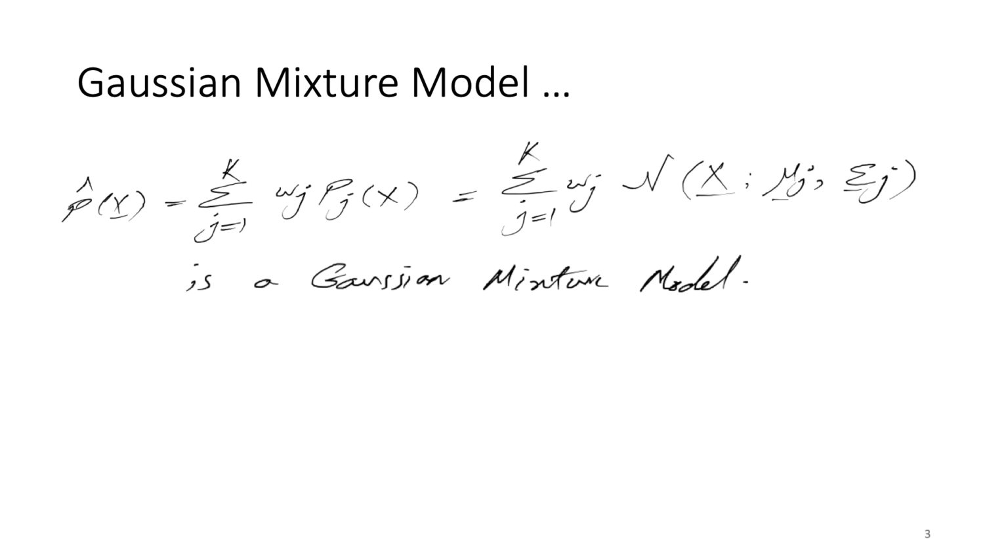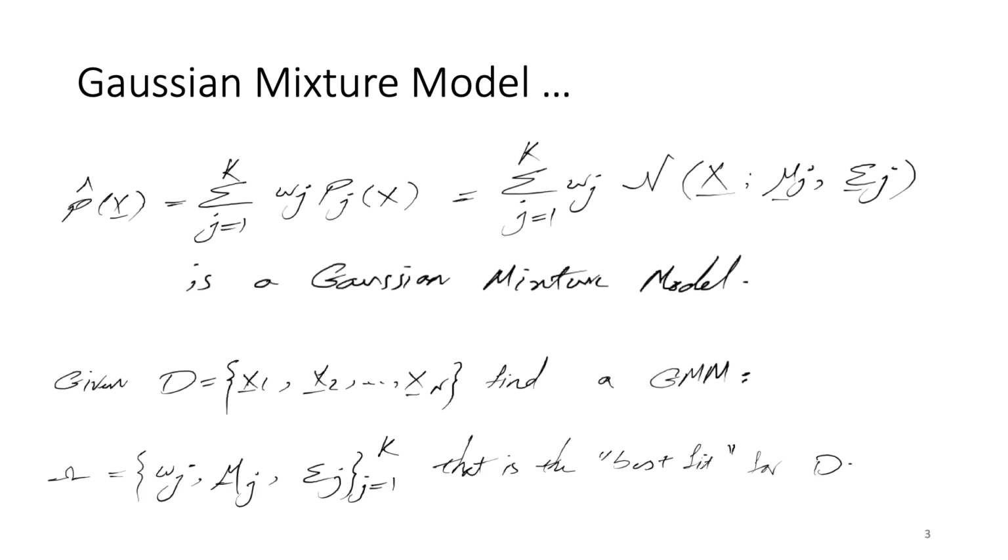And finally, in the class, we saw that this formulation needs to be turned into a maximization problem. So we want to maximize the likelihood of selecting and putting each point in its right cluster. So given D as our data set, x1 up to xn, we wanted to find a Gaussian mixture model with these parameters, which we call omega, wj, mu j, and sigma j, that is the best fit for our D. Right?